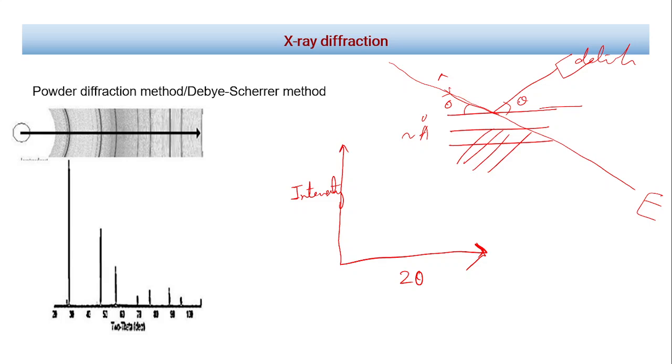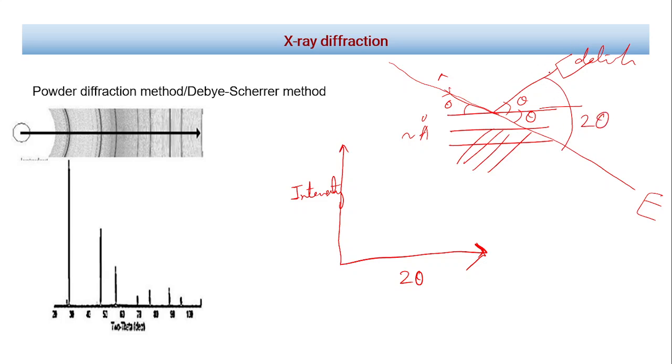This is theta, because the grazing angle is equal to the diffracted angle. Also I told you vertically opposite angles are equal, right? This is the plane, this is the X-ray, then this and this will also be theta. We had discussed this just earlier. This is theta, this means this is 2 theta.